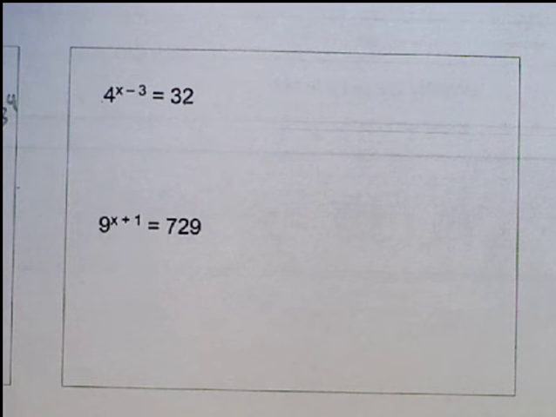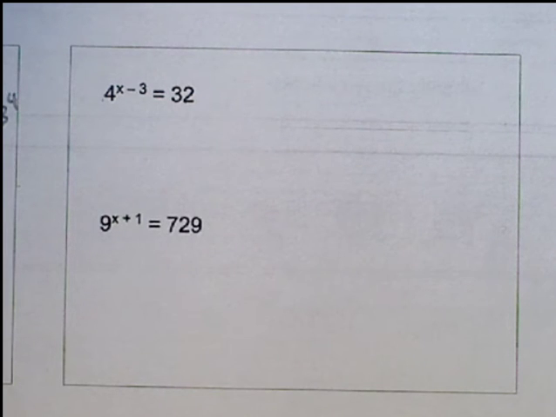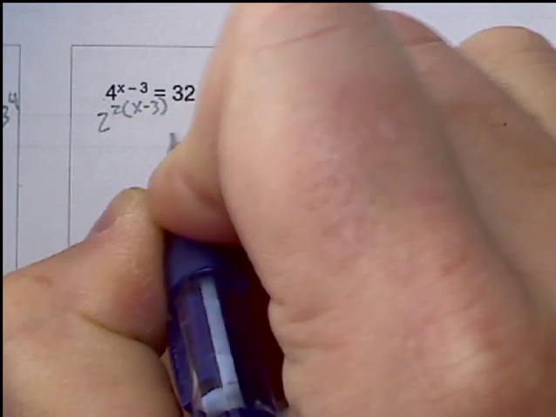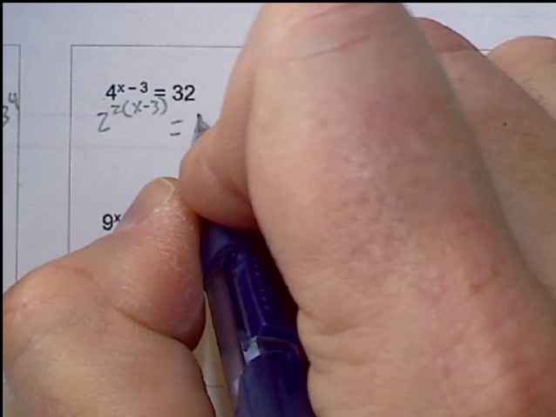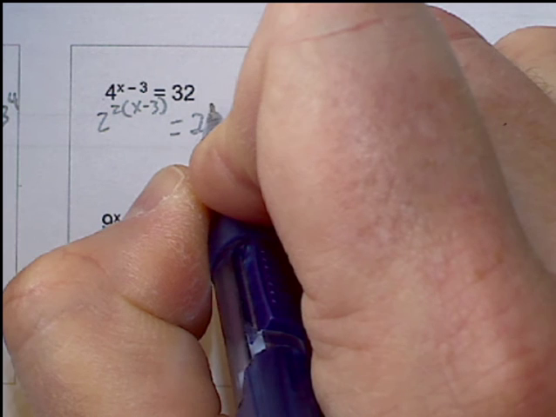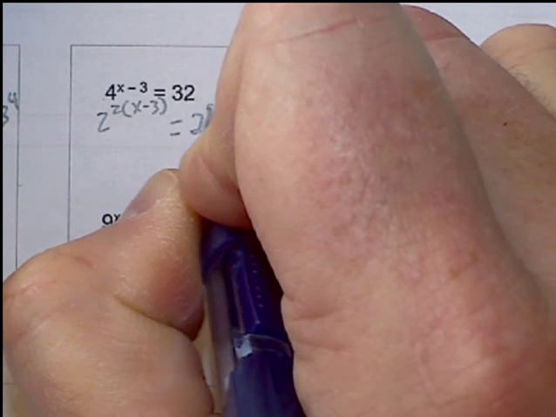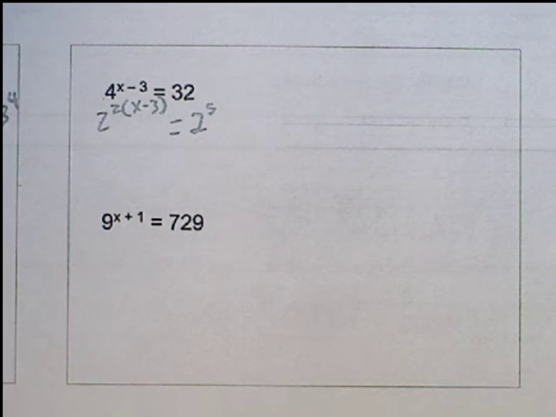No, 8 doesn't go into 32 an even number of times. 2 is the number we're looking for, because 4 is really 2 squared, right? 2 squared to the x minus 3, and we did a while ago, if you look back, 32 is what power of 2? Not 4, it's the 5th power of 2. So 32 is 2 to the 5th.